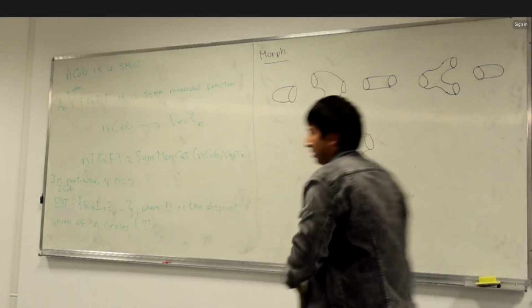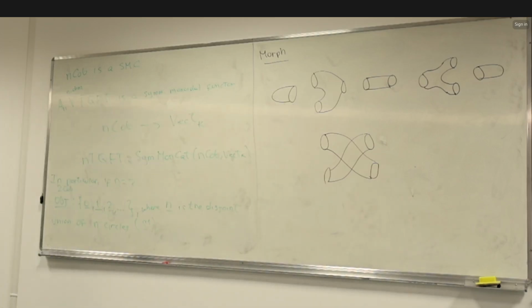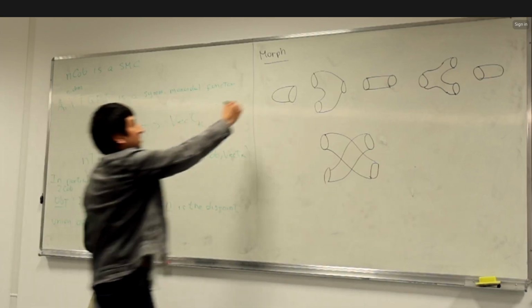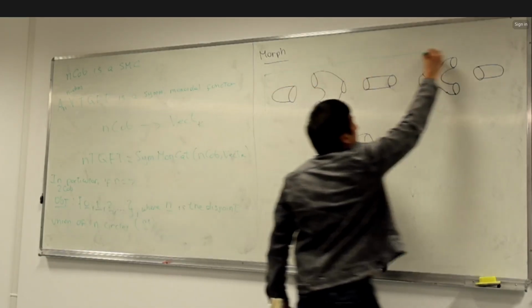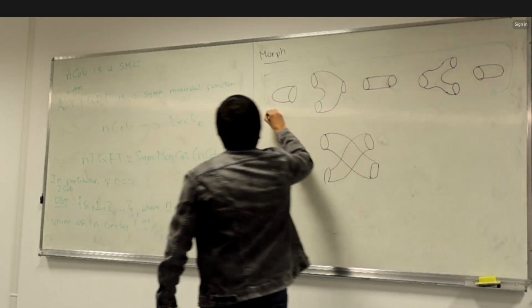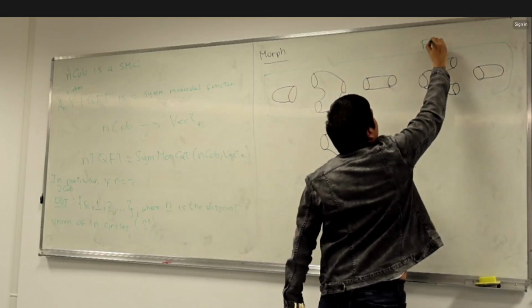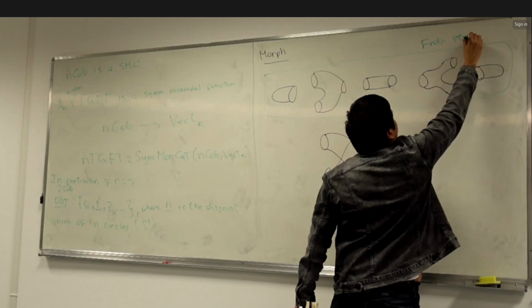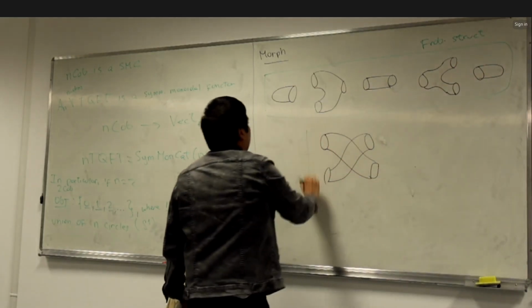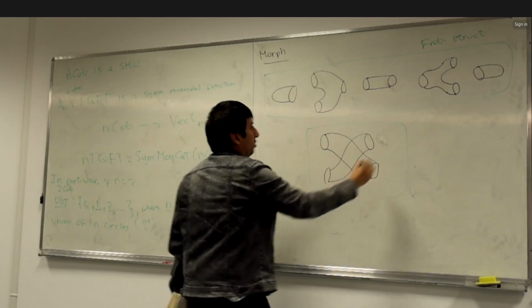These morphisms encode the Frobenius structure. And this extra morphism encodes the commutativity.